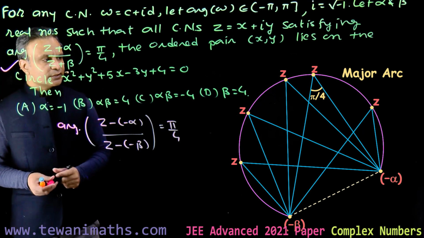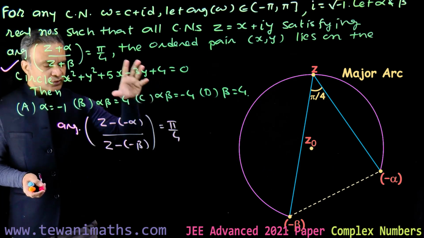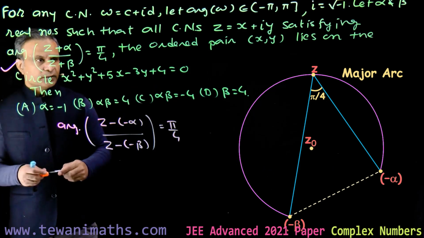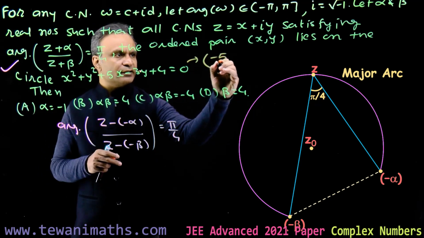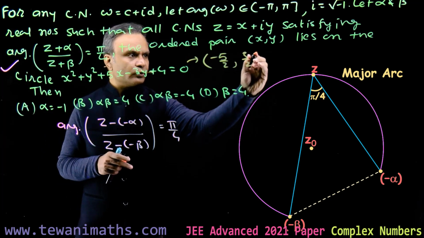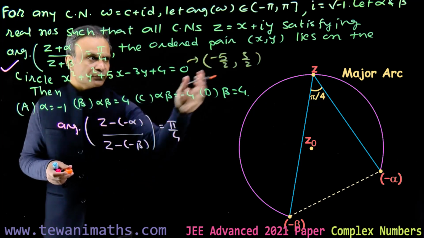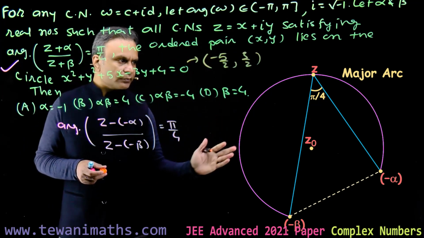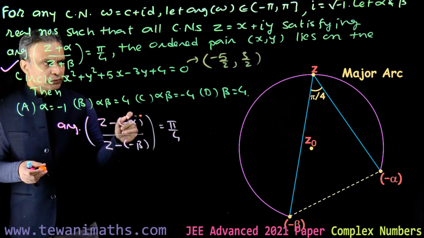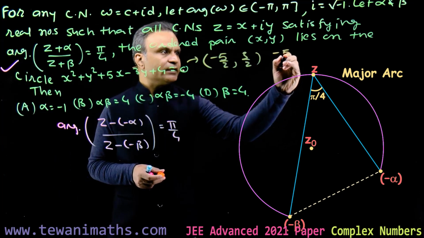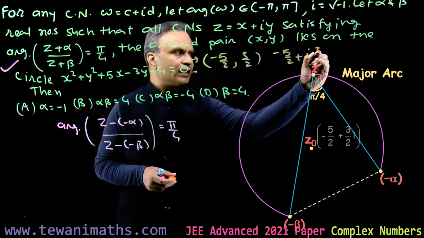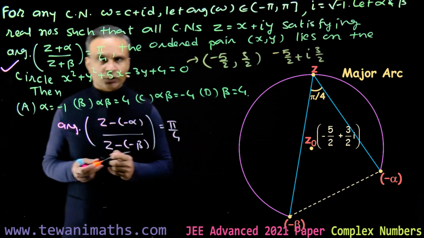That means the center of this arc, the center of the circle, is minus 5 by 2 comma 3 upon 2. So the center of this arc will be this complex number Z naught, which is minus 5 over 2 plus iota multiplied by 3 over 2.